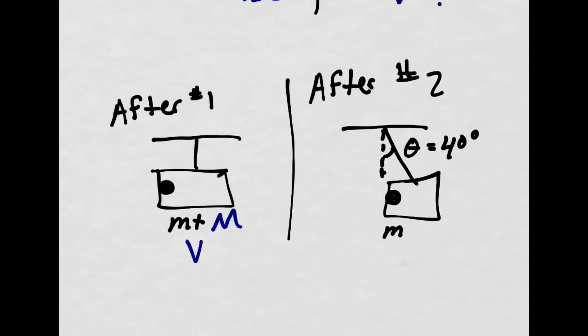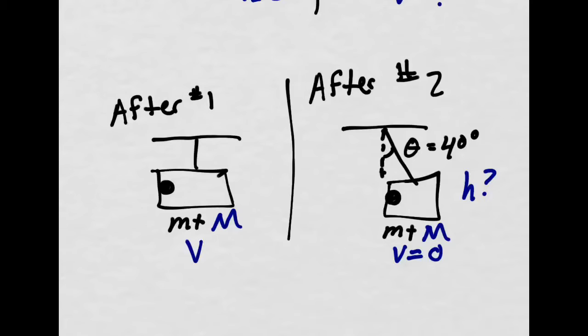The mass is still this. Its velocity here is 0 because it stops at its maximum height. And it's going to reach some maximum height h, which is unknown.